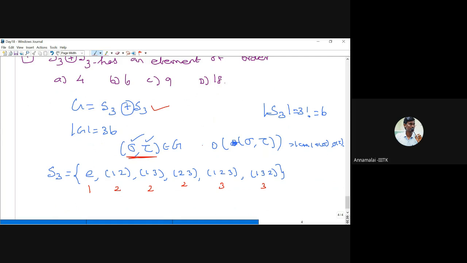Because it's nothing but the LCM. We know that the order of any such pair is the LCM of the order of sigma and the order of tau. But the possible orders of sigma are 1, 2, 3, and again the possible orders of tau are 1, 2, 3. So for what combinations will we get a larger value? You understand my question? This is the only possible order in S3.